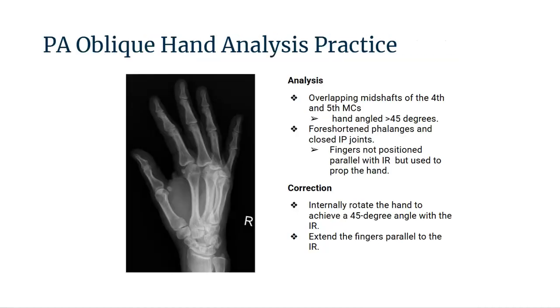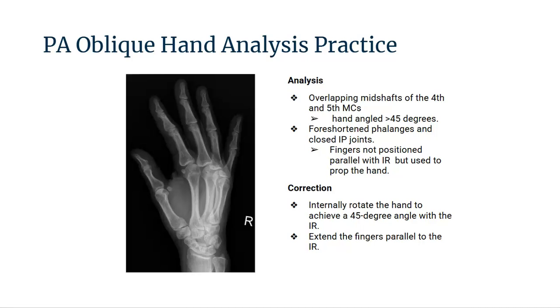So let's review this practice analysis of this oblique hand. First, you definitely want to determine whether you have all your anatomic structures, and we have our digits in full all the way down to the distal radius and ulna. Next, we want to determine if we are representing the anatomy appropriately.